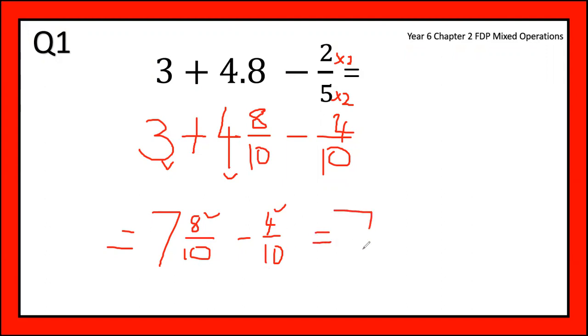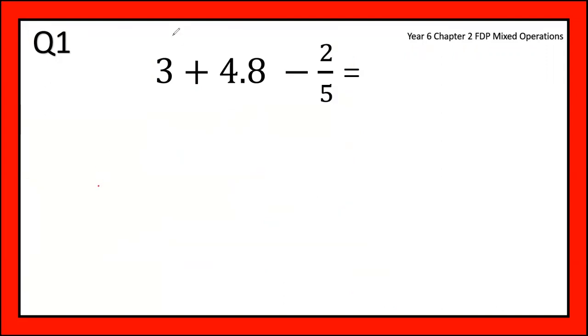Don't forget your 7 and then 4 over 10, which is similar to our previous answer, which is 7.4 as a decimal. So over here, you can choose which method you would like to use to solve this question. Moving ahead, let's go on to question 2.